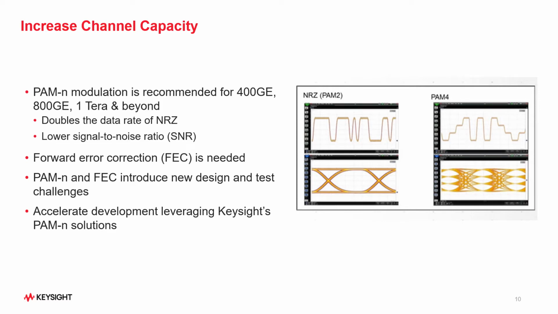New measurements to characterize impairments that were previously not an issue in NRZ designs need to be taken care of with PAM. With accurate and repeatable results, PAM4 interface components and systems will help accelerate the development of systems which will get into the market at breakneck speed.